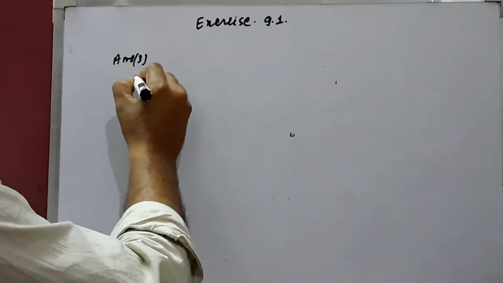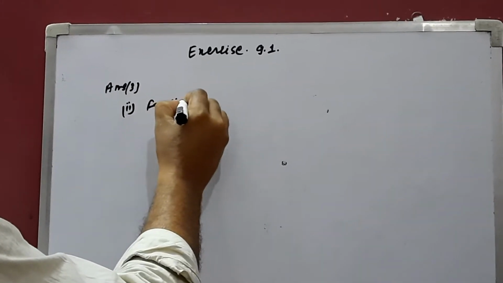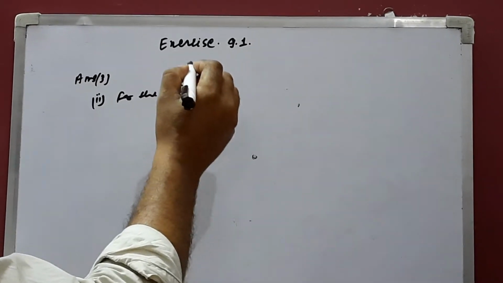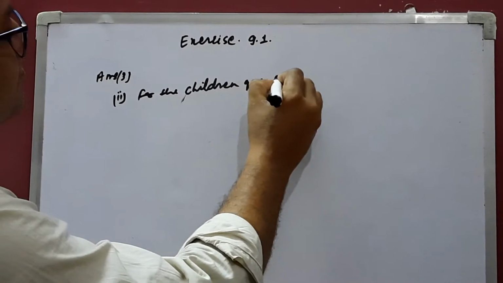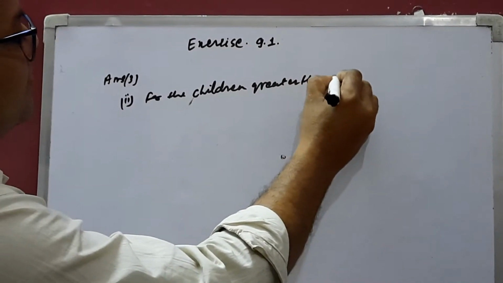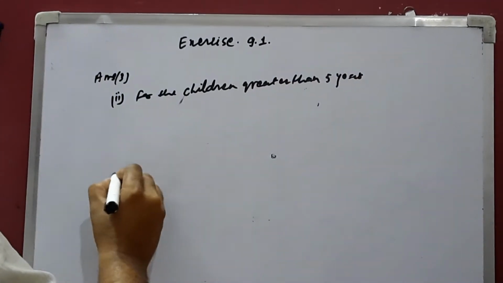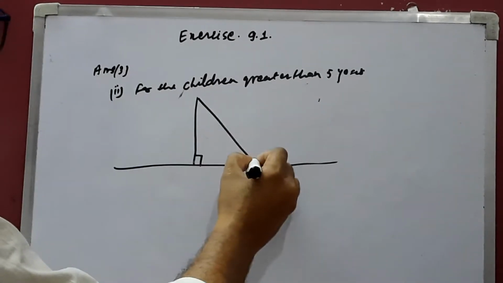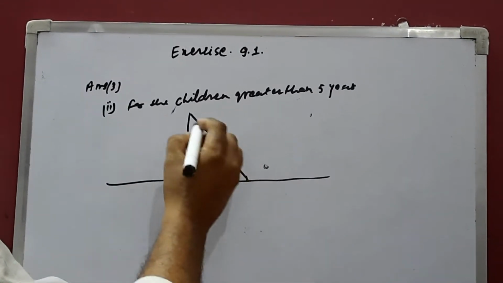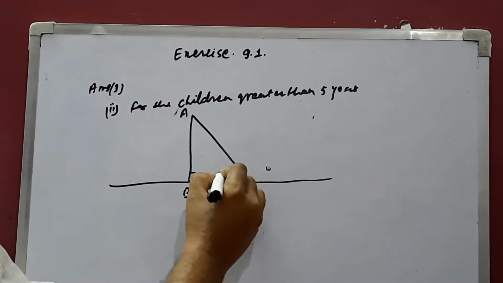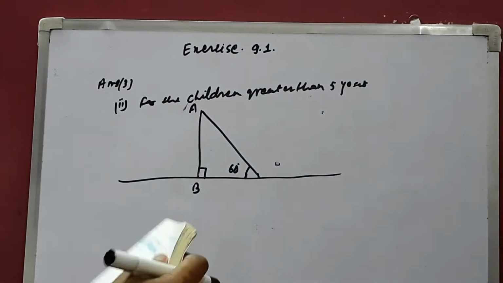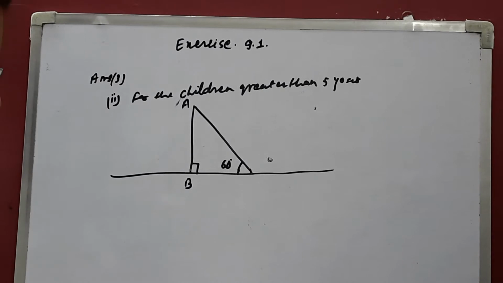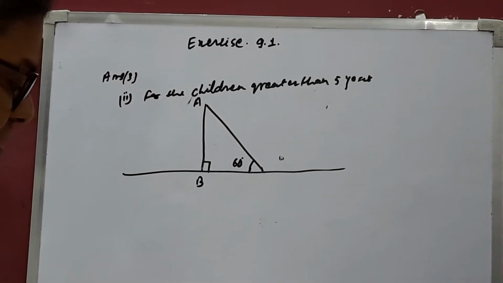And here for the children greater than 5 years, this is the ground level, and this is the height of slides, and this is 60 degree, and height of the slide is what? 3 meter.